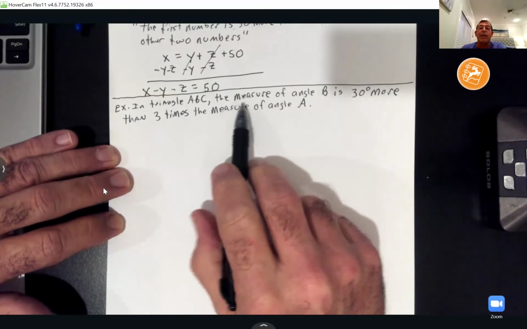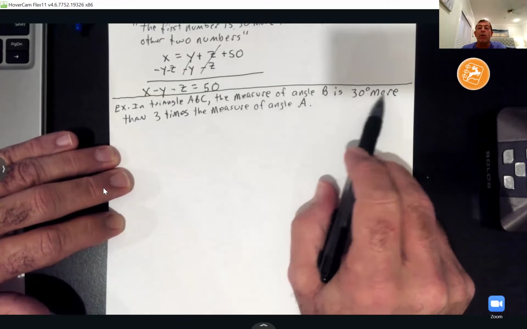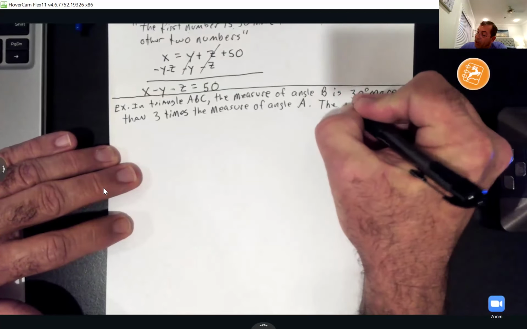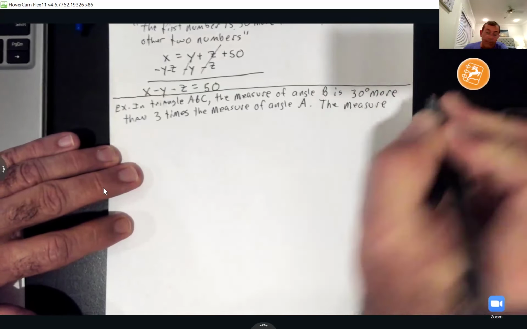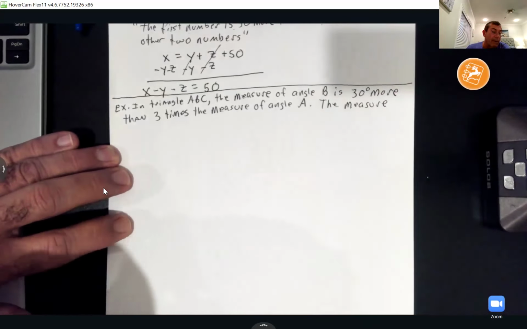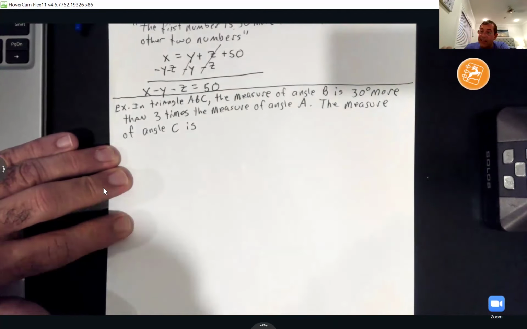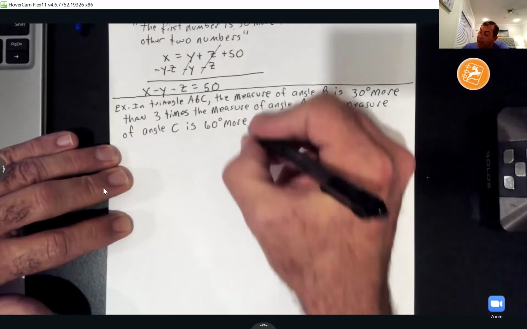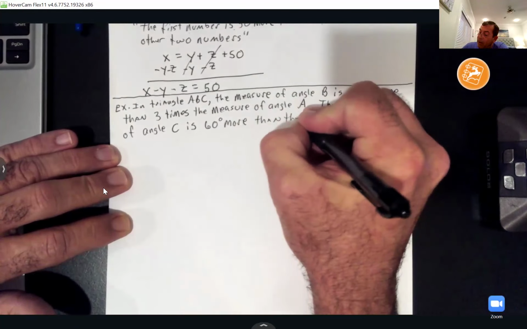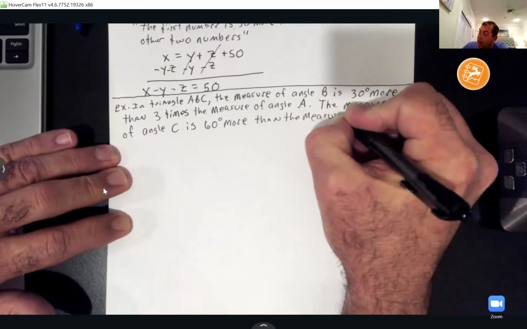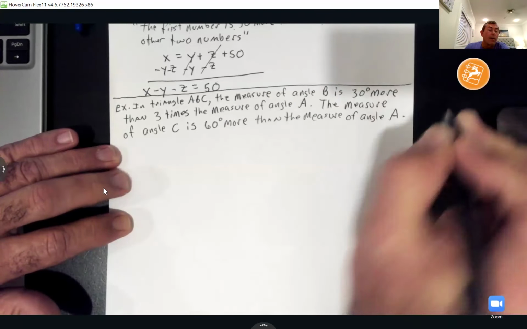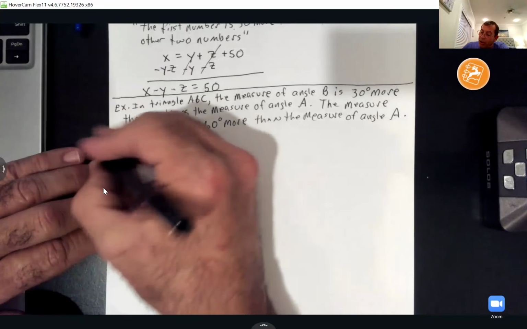So that's my first equation. I know that angle B is going to equal 30 more than 3 times A. Then it says, hey, the measure of angle C is 60 degrees more than the measure of angle A. Then they say, find the measure of each angle.